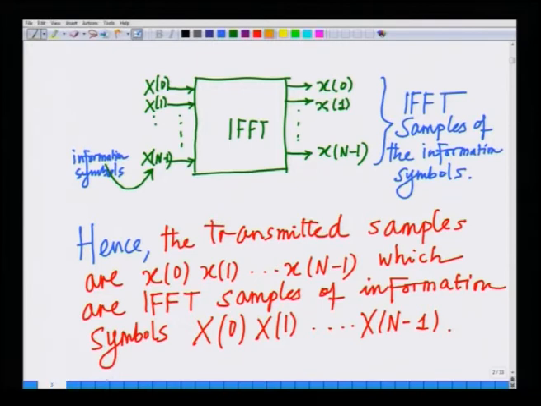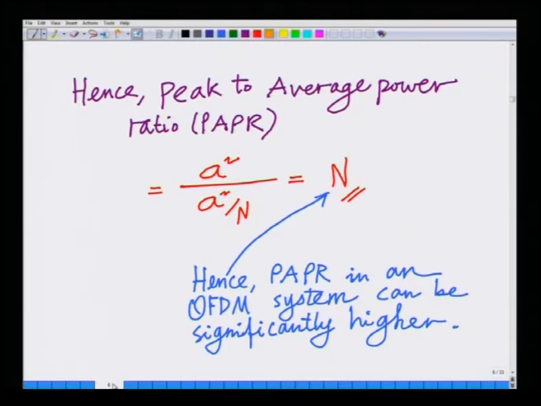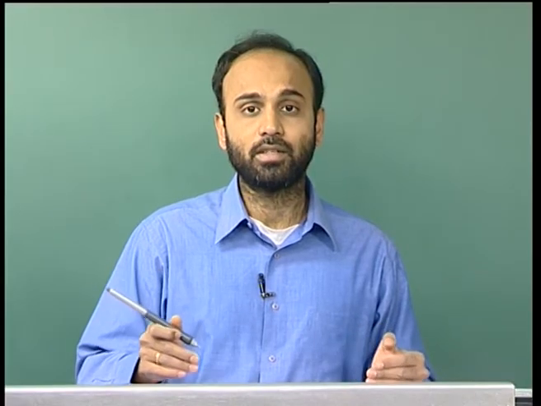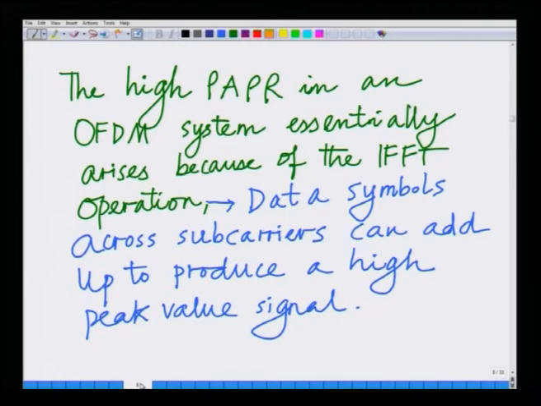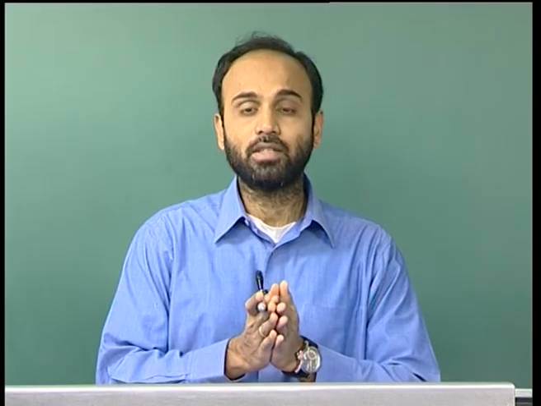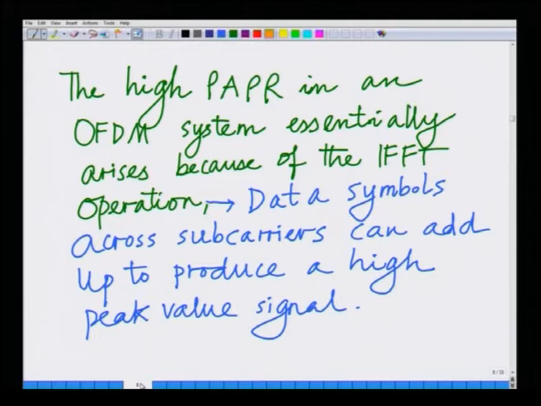Hence, what essentially happens is, we have a peak to average power ratio that increases with the number of subcarriers. And why is the peak to average power ratio increasing? Because we said the high peak power arises from the IFFT that is being performed in OFDM, which can occasionally result in a high peak value signal.